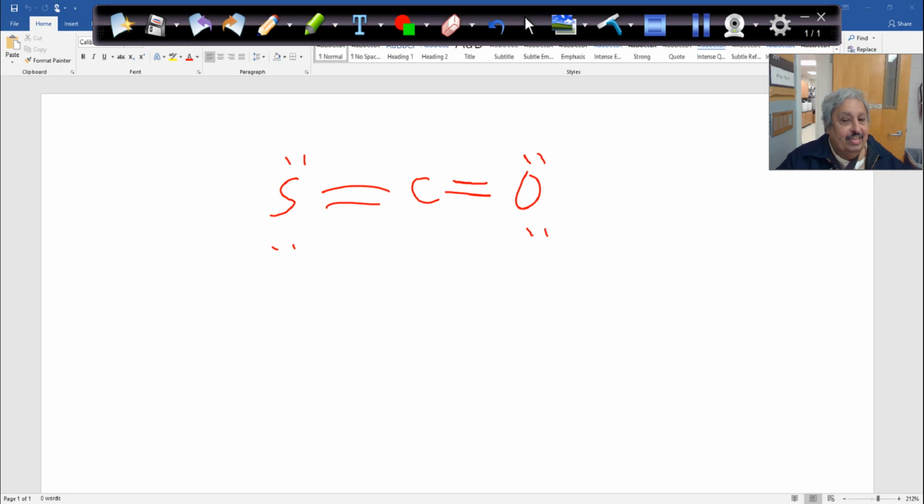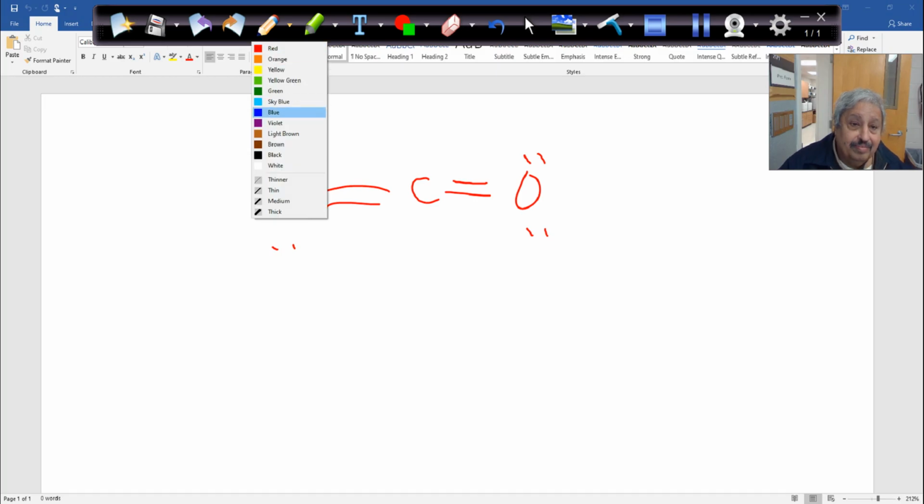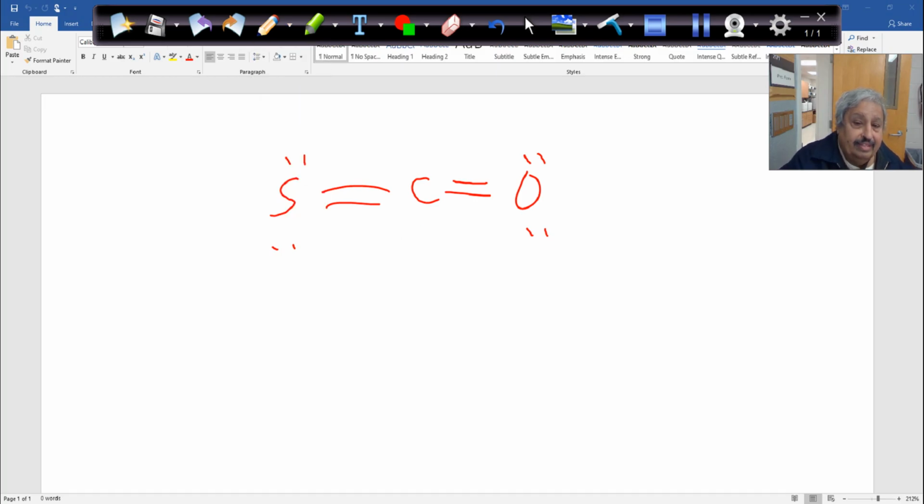Then we can ask questions about this. Correct? So, what shape do we have here? Then you have to memorize this small tiny chart I gave you by saying this is the central atom, correct?